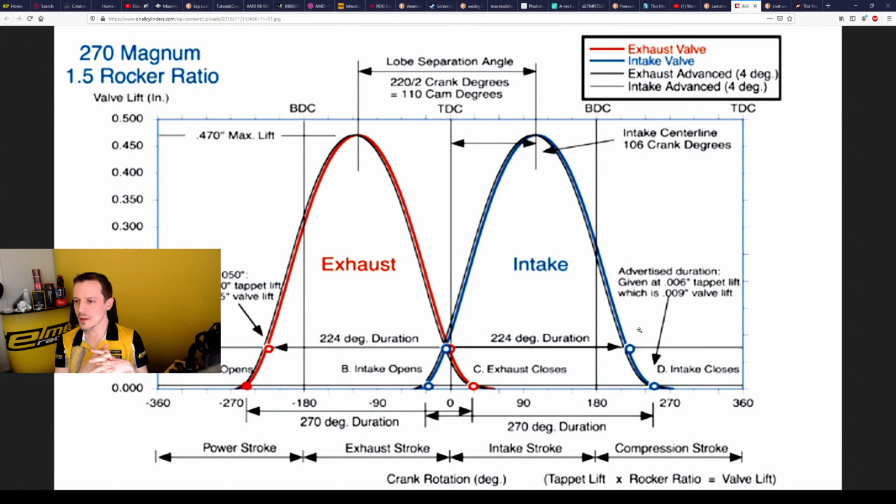Okay, so anything else interesting to look at here? I think valve timing stuff probably, we did go through that very quickly. Do I have maybe anything else to add to that? Probably not that much, really.